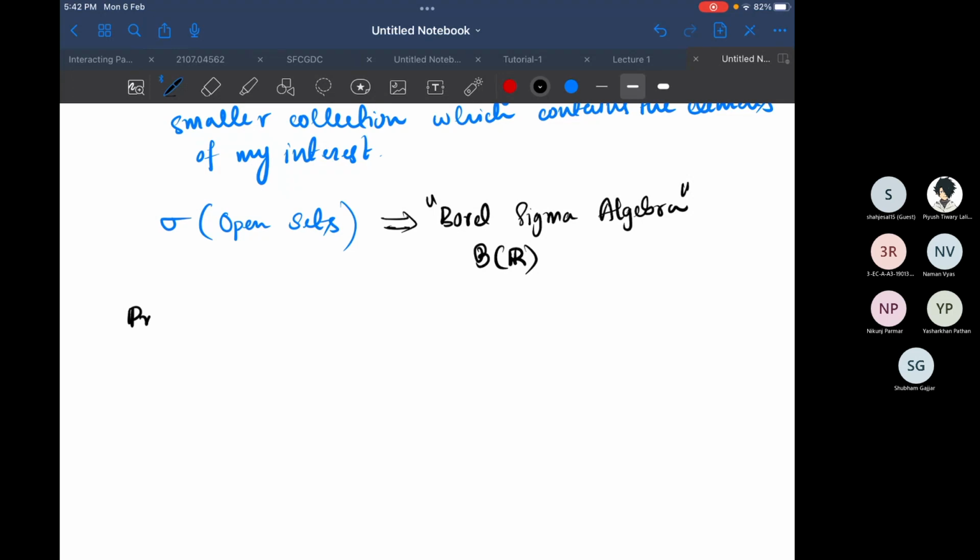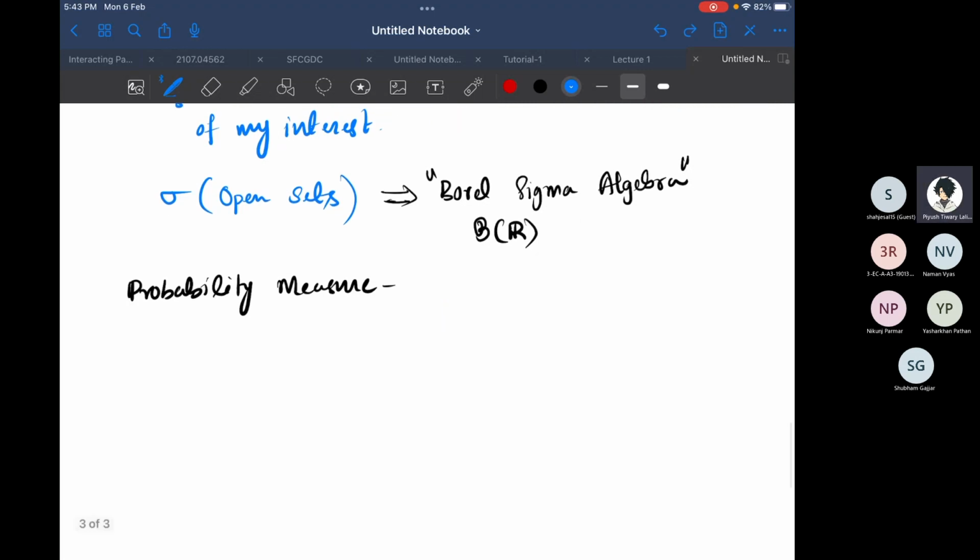A probability measure is basically a function, a function that maps from the sigma field F to R. So this is a probability measure, and this function is a set function.